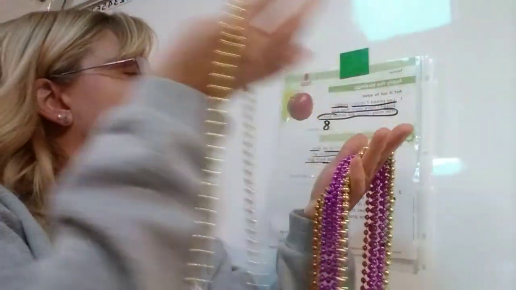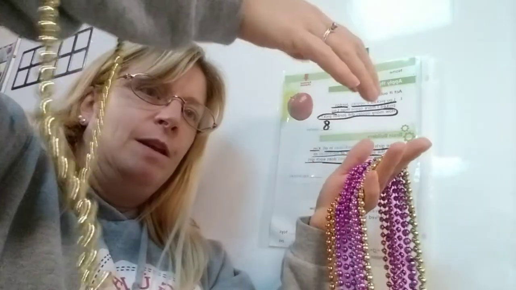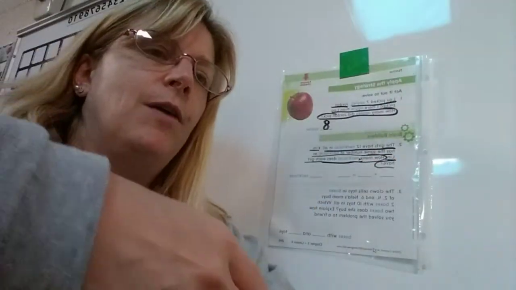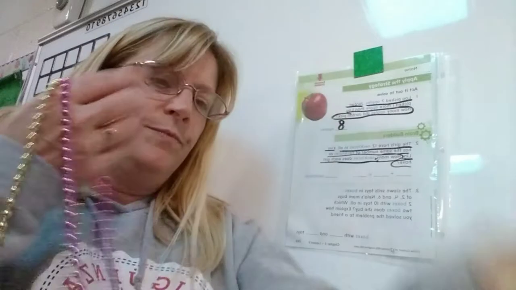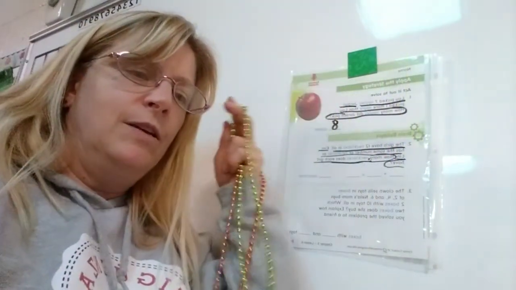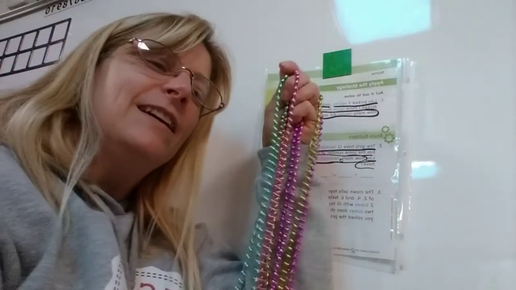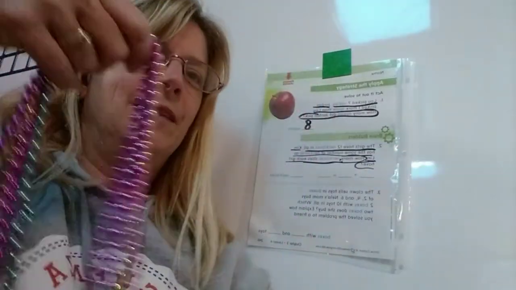So I could say 1 necklace for Kim. I'm going to set them here. So we have 1 necklace for Kim, 1 necklace for Lynn. It's kind of hard with all these necklaces. Kim, Lynn. Kim, Lynn.